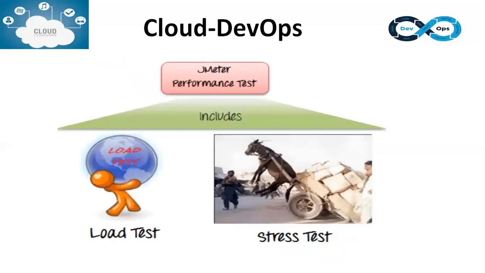So what is a performance test? As I told you, when we deploy the application, we want to measure how efficiently it is working. So we put some load on the application and go beyond some limits, to see to what extent the application can survive and at what point it can break. They give different names like load test and stress test.